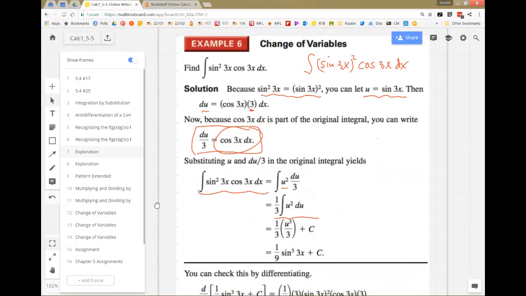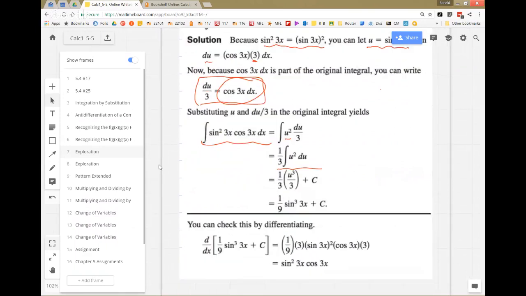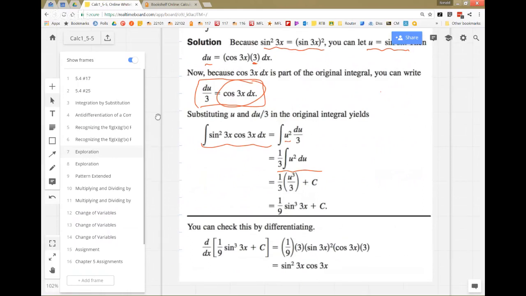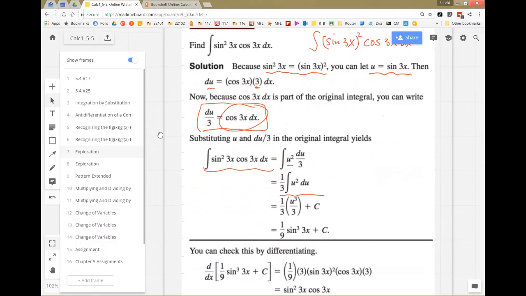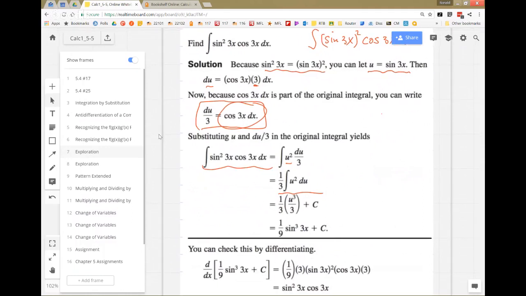Now, here they took the time. Let's check this. Let's see if this really works. We should be able to take the derivative of this answer, and we should be able to come back to the original problem, which was up there. Sine squared 3x. So if you take the derivative of 1/9 sine cubed 3x, the first thing you got to do is the power rule, right?